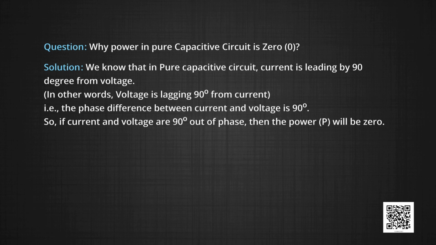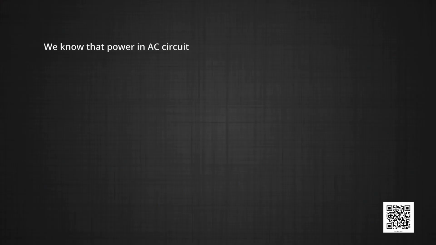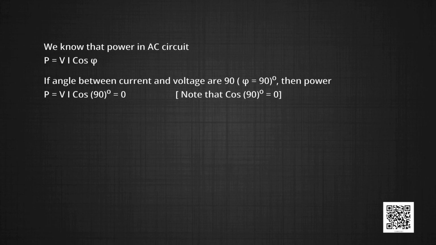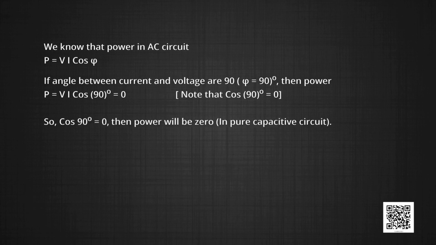We know that power in an AC circuit is P equal to VI cos phi. We put the value of phi as 90 degrees, then power is VI cos 90. Again the same thing happens: cos 90 is 0, so the power will be 0. The same thing happens in a pure capacitive circuit.